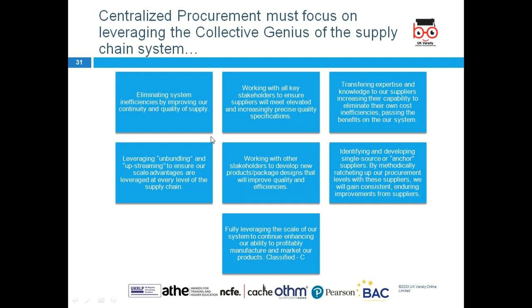Think about Amazon: the suppliers are very important. Amazon can't work without them, and suppliers can't really sell as well without Amazon. So we need to look at working with the different stakeholders. Do we all know what stakeholder means?